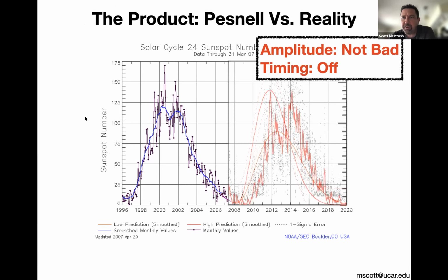If I compare now, with the benefit of hindsight, to what actually happened, the amplitude is somewhere between the two, and it looks like the timing was off again. Having not dug into the models in any great detail, I can't tell you what they did about the timing, but I would argue that there's something awry with the physics at this point still.